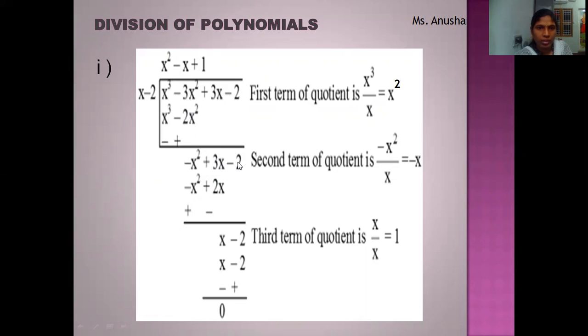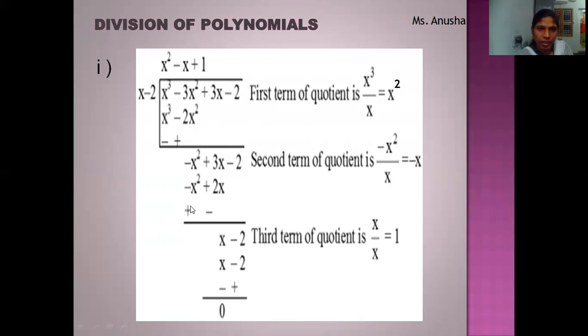Okay, 3x minus 2 I have taken down. Now you have to see the first term of this polynomial, minus x square, and the first term of the divisor, x. Divide minus x square by x, which is equal to minus x. You put this minus x in the quotient, and multiply this minus x with the divisor: minus x into x is minus x square, and minus x into minus 2 is plus 2x.